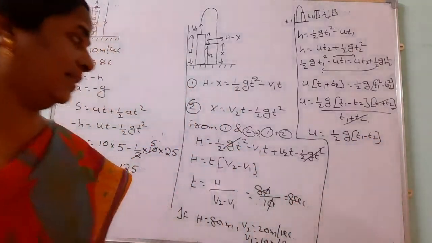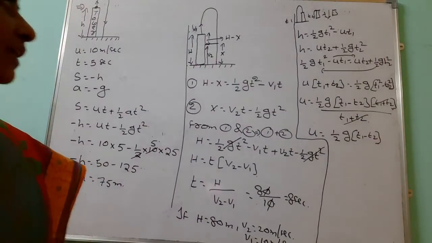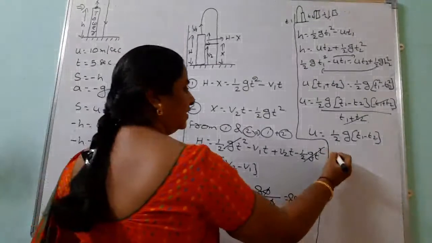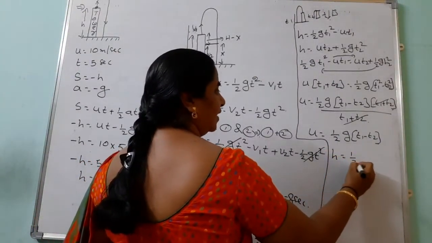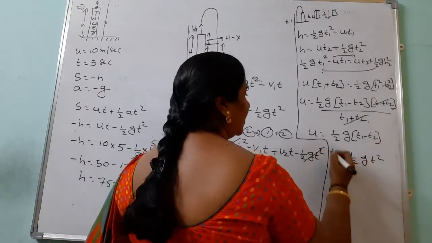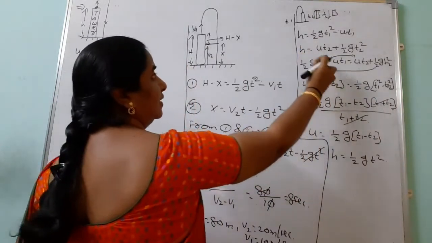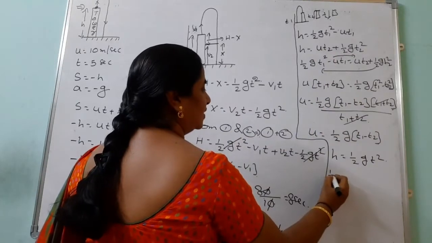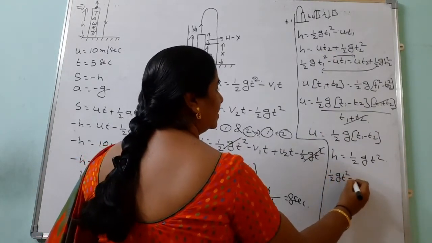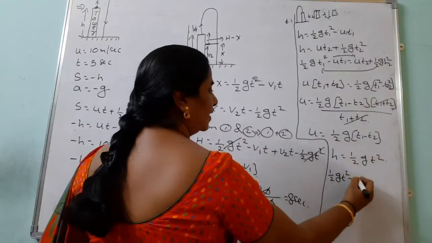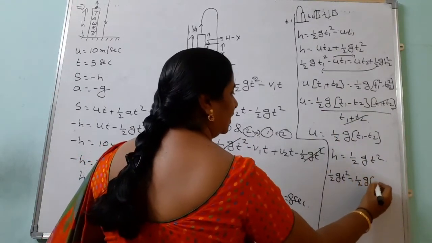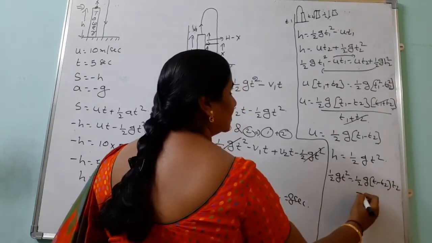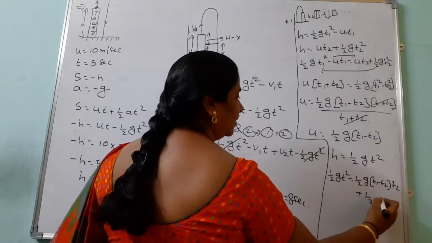Then in the third case, the body is dropped. So h equals half gt square formula. Instead of h, we can take any expression here. In this case, h equals u into t2. So half gt square equals, instead of u we are taking half g t1 minus t2 into t2 plus half into g into t2 square.